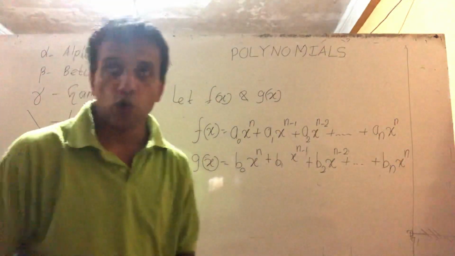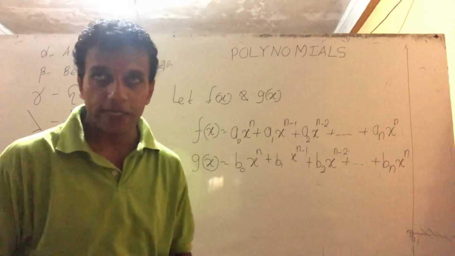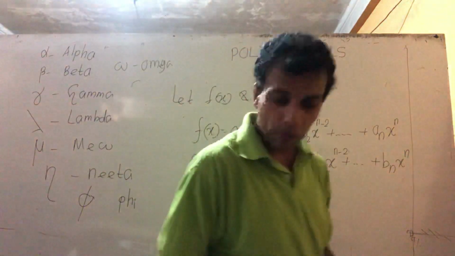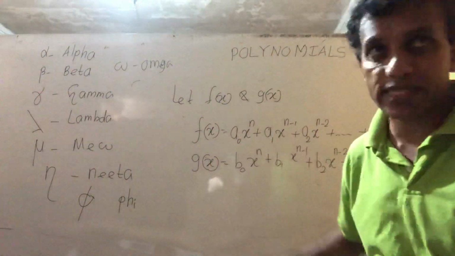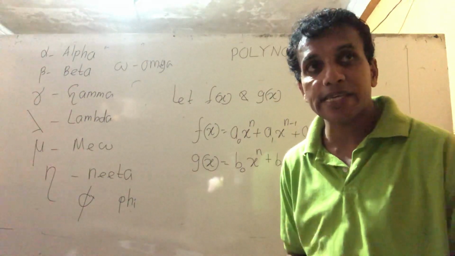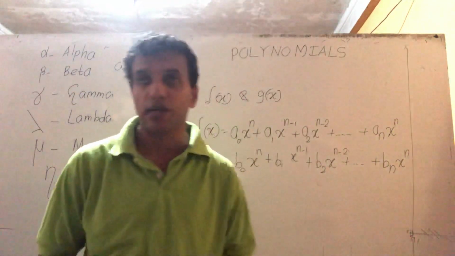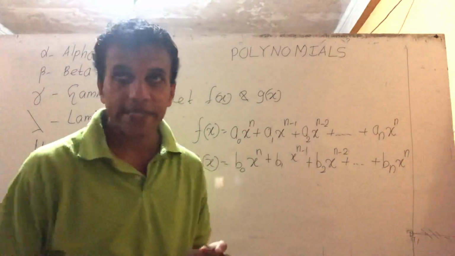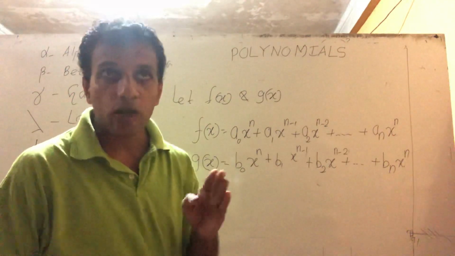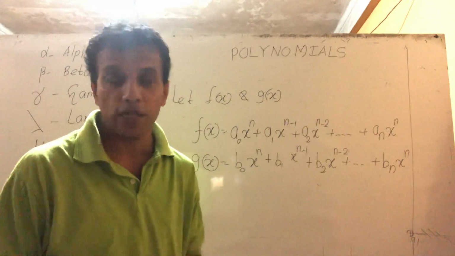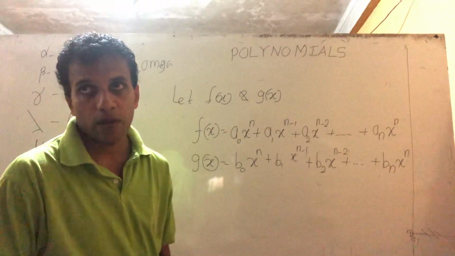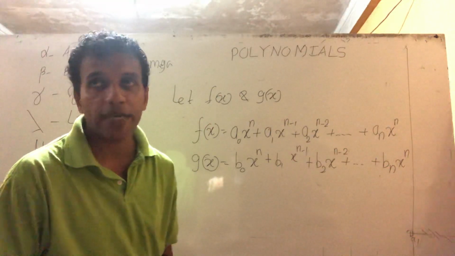Okay, so right below: if the polynomials f of x and g of x are said to be identical, then their corresponding coefficients are equal.